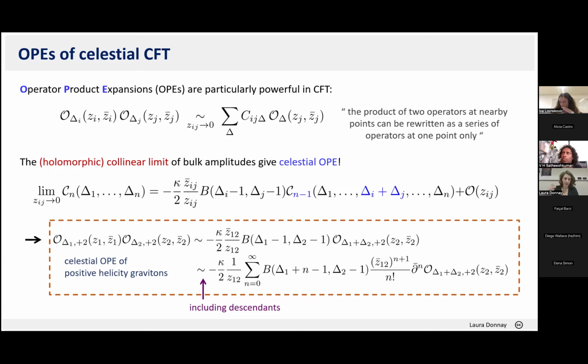This collinear limit factorization property is one, but you also have, as you said, the soft limit, and the amplitude also gives you a factorization. However, the soft limit doesn't give you an OPE. It's really the collinear limit that you can map to an OPE from the celestial CFT point of view. Soft theorems tell you other things. They give you a current algebra for celestial CFT, and I'm going to talk about that tomorrow.